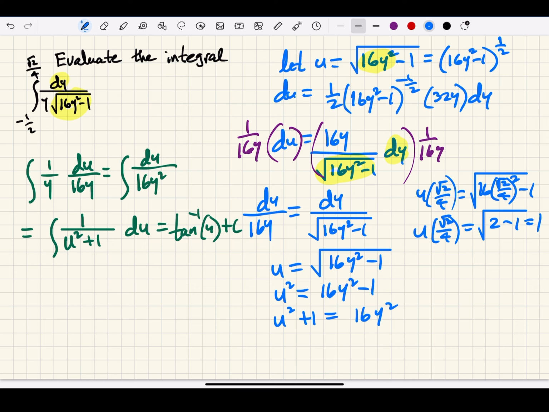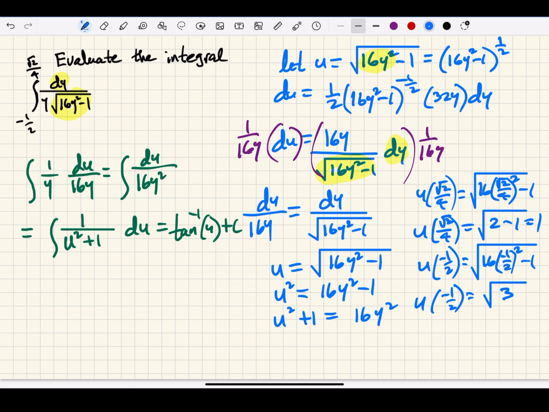Now, u of minus a half, then, would be the square root of 16 times negative 1/2 squared minus 1. So u of negative 1/2 would be the square root of 3.